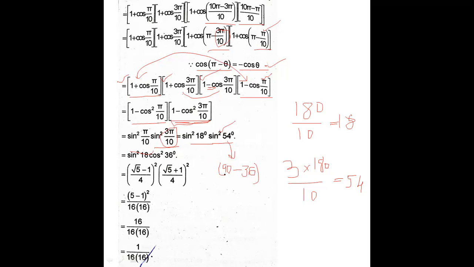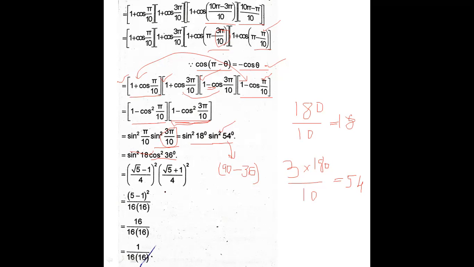So sine 90 minus theta is nothing but cos theta. So what is sine square 18? Root 5 minus 1 by 4 whole square. And cos square 36 is nothing but root 5 plus 1 by 4 whole square.